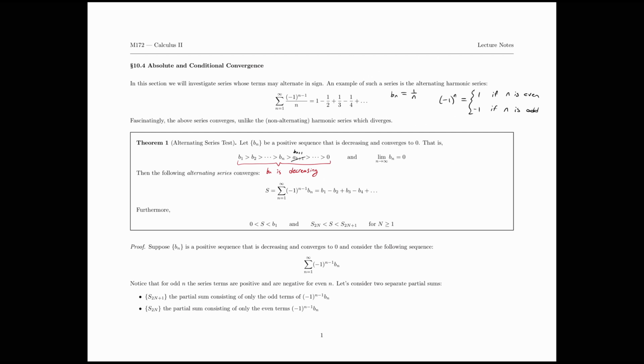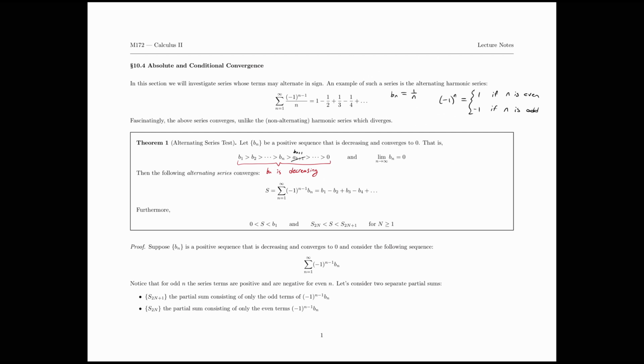Okay. So there's really 3 things: you have to make sure that your sequence is positive. So all your terms are positive for this b, what we're calling this b sub n. That's why it's important to separate the alternating component from the b sub n. B sub n in this case is positive, and this is what takes care of the negative stuff.